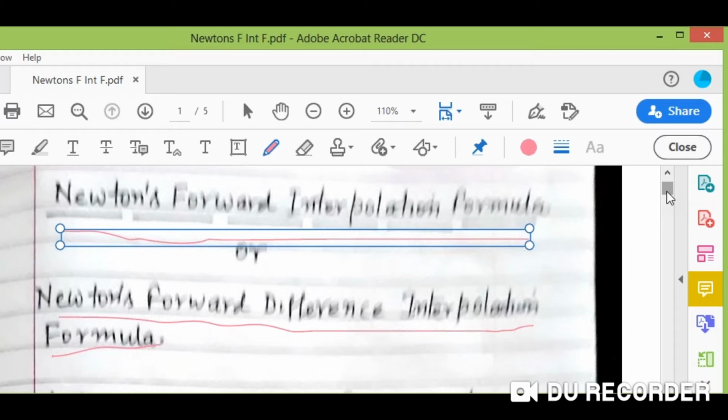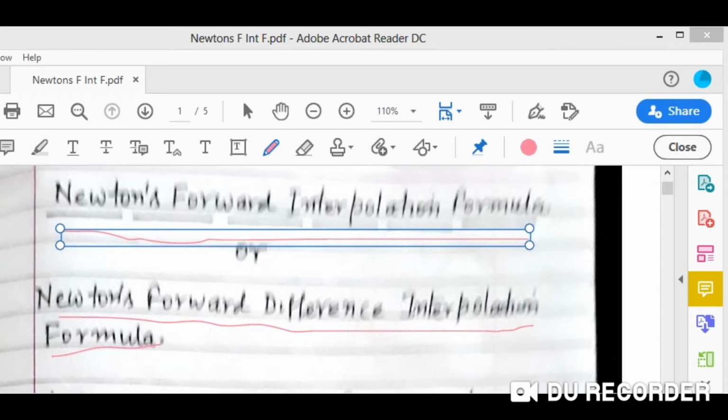If you revisit your concept of the interpolation, what is interpolation? This is an estimation of the value of the function corresponding to any value of the independent variable or the arguments. And similarly, what was the concept of the extrapolation?